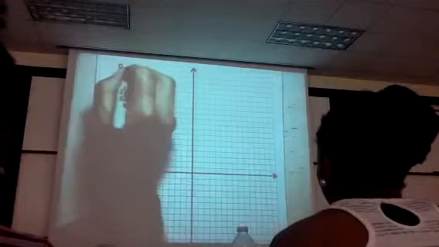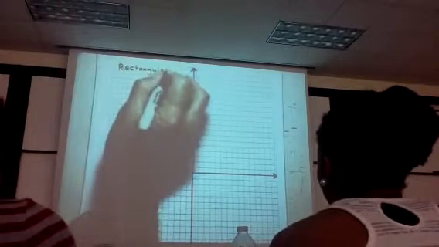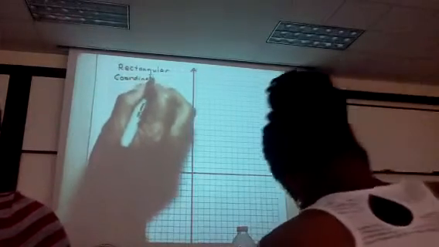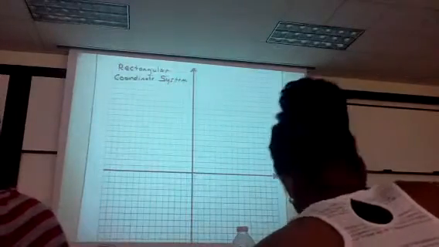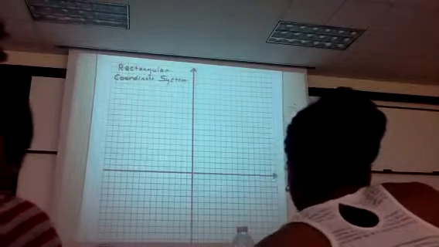This guy right here is called the rectangular coordinate system. You can probably tell why. It's just full of rectangles, right? I mean, there's rectangles everywhere you go.